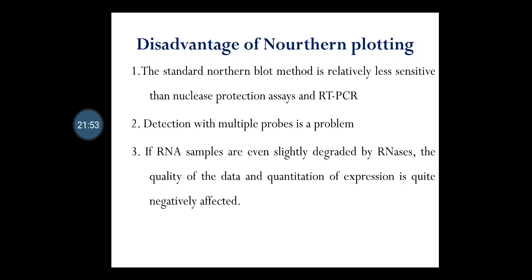Nowadays RT-PCR is a diagnostic tool for the identification of COVID-19 infected patients. Then detection with multiple probes is a problem. If RNA samples are even slightly degraded by RNases, the quality of the data and quantitation of expression is quite negatively affected.